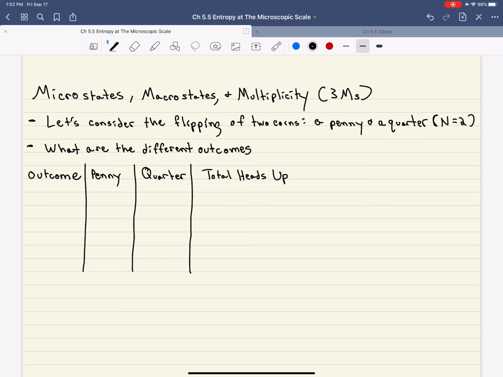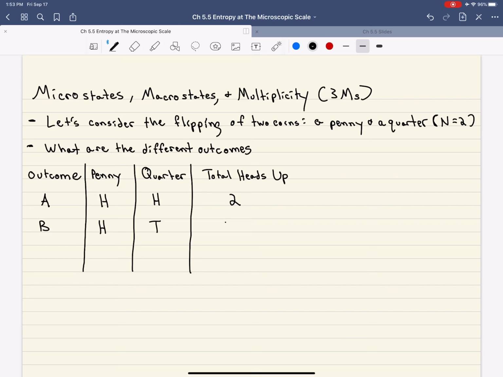Okay? All right. And so, let's consider outcome A. In outcome A, what we would get is that a penny lands heads up, and the quarter also lands heads up. Right? And so the total number of heads up that we have is 2. Right? Both the penny and the quarter are heads up. For outcome B, what we could get is that the penny lands heads up, but the quarter lands heads down, or tails up.